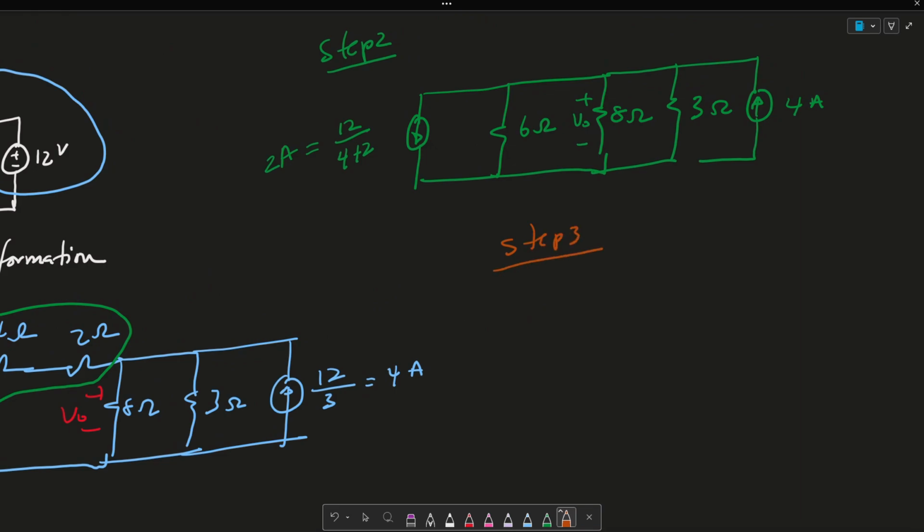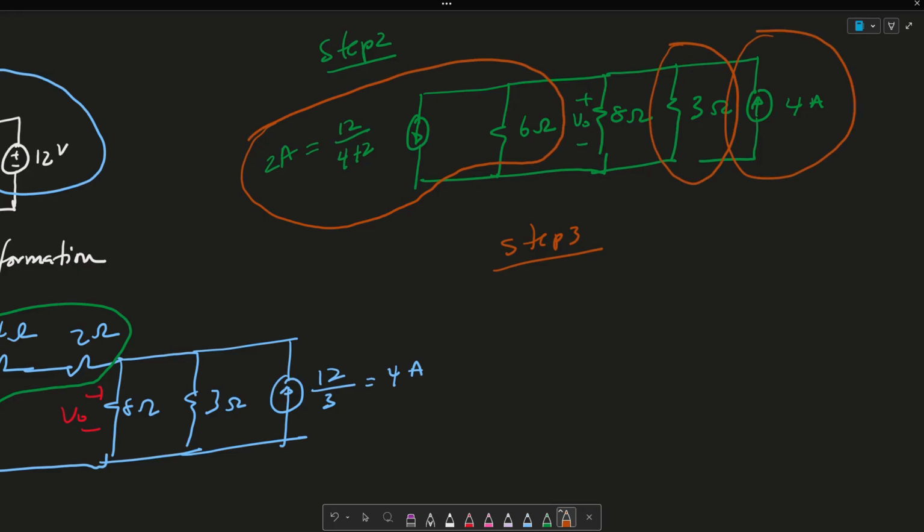And what this looks like is simply, I'm going to combine, it's going to be a little bit weird. I'm going to combine this with this, and along with this and this. All right. So this is what it's going to look like. It's going to be an 8 ohm resistor in combination with a 6 ohm resistor in parallel with a 3 ohm.